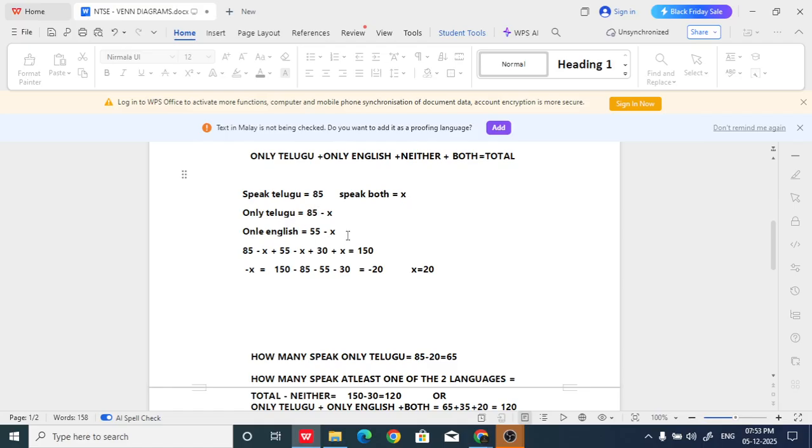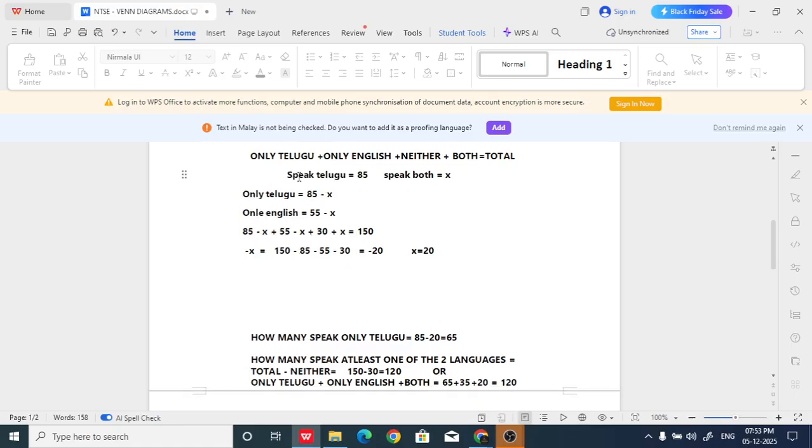People who speak only English, 55 minus x. So do that formula. The formula says only Telugu is 85 minus x, only English is 55 minus x, and neither is 30, both is x, equal to 150. From this you calculate minus x equal to minus 20, x equal to 20.